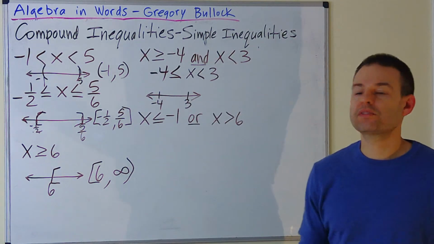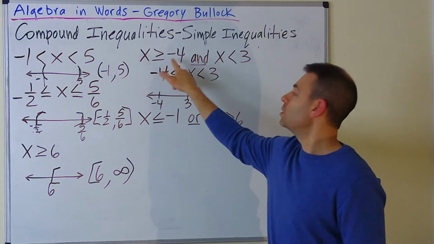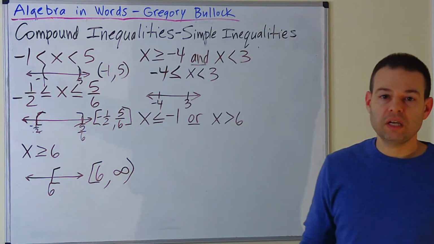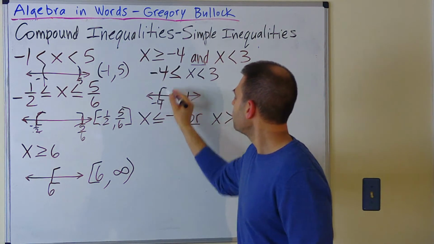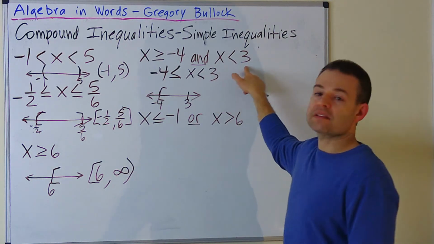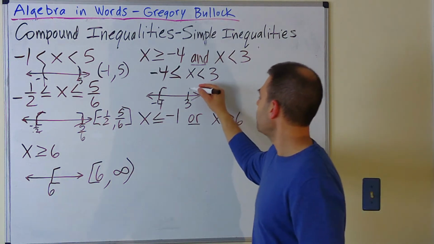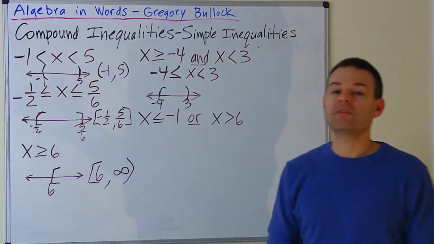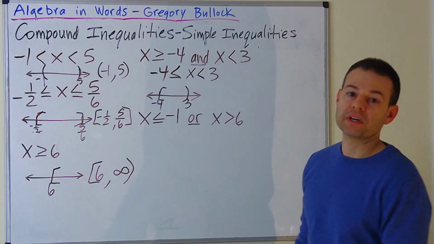And now let's put their symbols. x is greater than or equal to -4. It's an inclusive symbol, so we're going to put a bracket open to the right. And then for x is less than 3, a non-inclusive portion, we're going to show that by a parenthesis open to the left because it's less than 3.